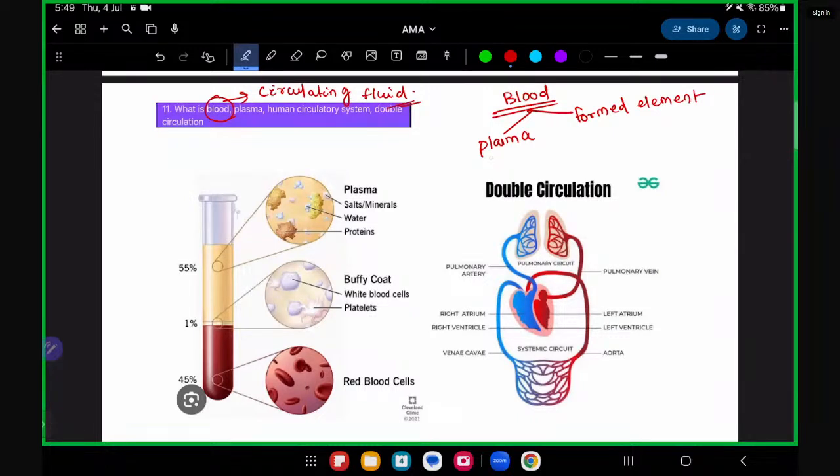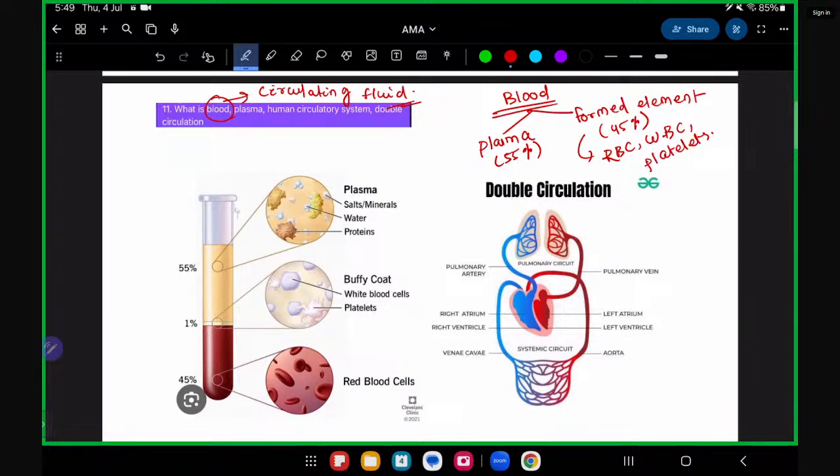Plasma consists of 55% of the blood. It is a liquid component. Then formed elements comprise 45%. What are the formed elements present in blood? First one is RBC, the cells, WBC, and the platelets. These come under formed elements.